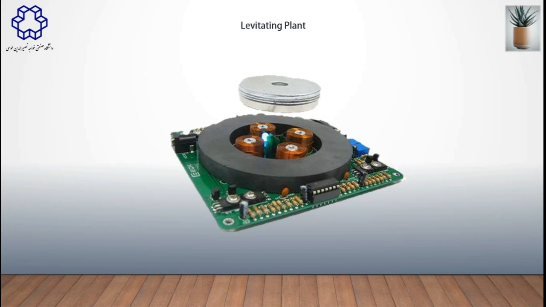It has two permanent magnets, one for the plant and one on the bottom surface, and an electromagnetic coil to stabilize the upper permanent magnet, just for stabilizing. And the height of the upper permanent magnet depends on its interaction with the bottom permanent magnet.